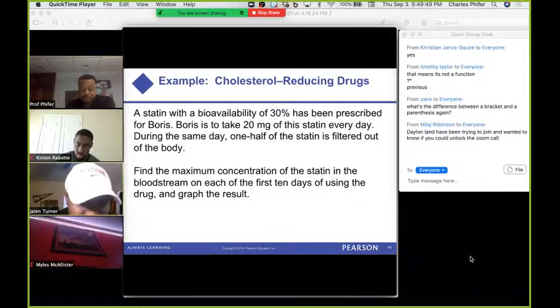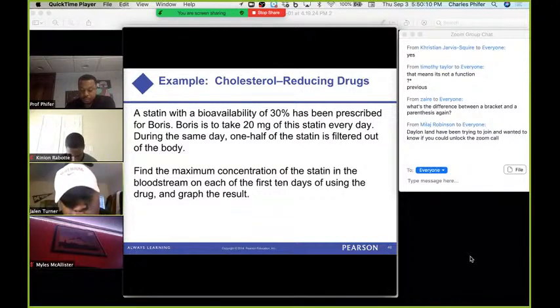A statin with a bioavailability of 30% has been prescribed for Boris. Boris is to take 20 milligrams of this statin every day. During the same day, 1/2 of the statin is filtered out of the body. Find the maximum concentration of the statin in the bloodstream on each of the first 10 days of using the drug and graph the result.